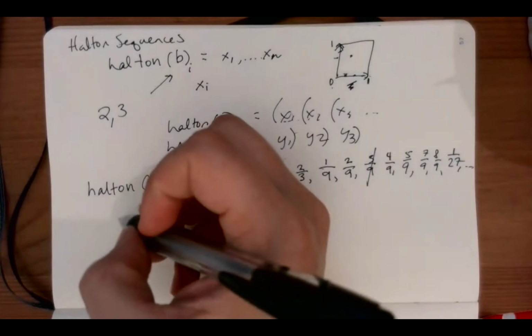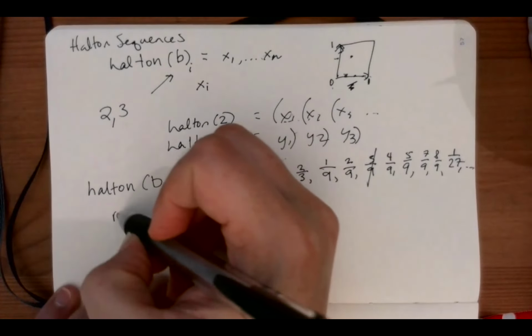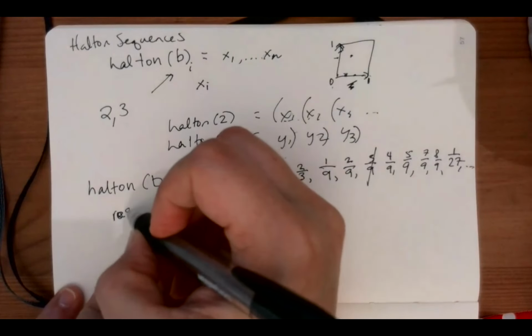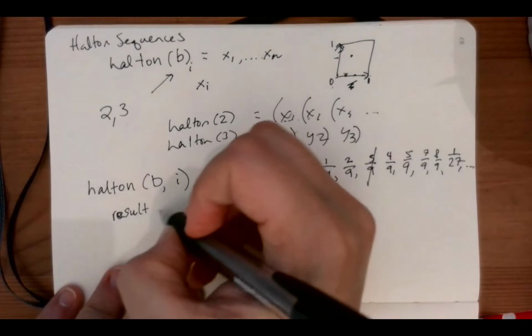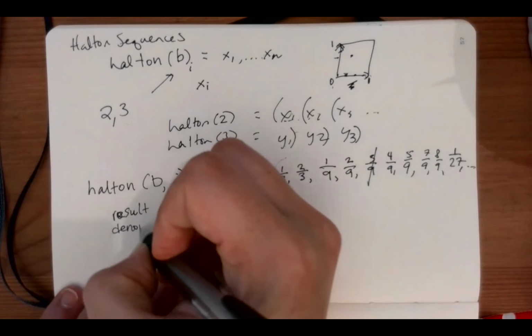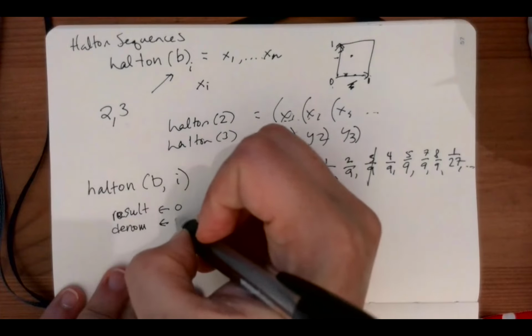In general, this algorithm looks as follows. We initialize our result value to 0 and our denominator to 1.